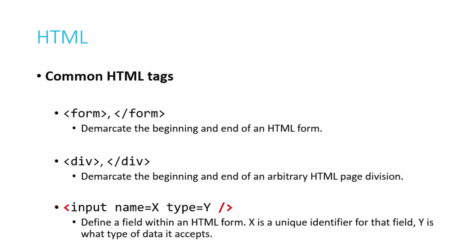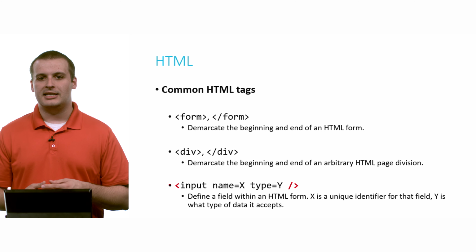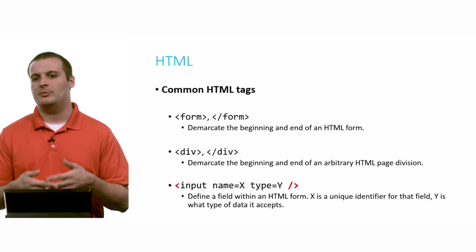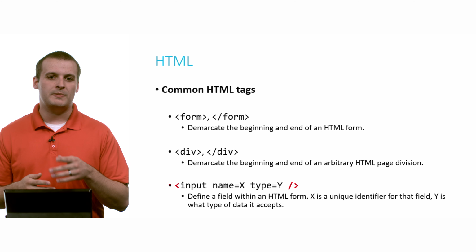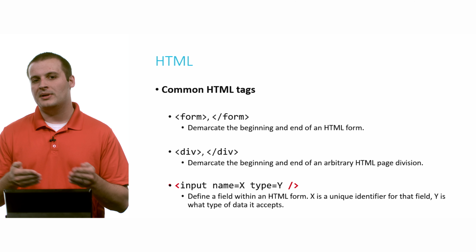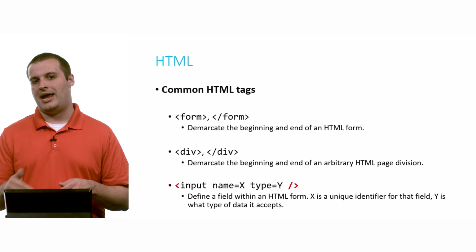Notice we have input name equals X, type equals Y. That's really all the information we need. This is called a self-closing tag. It doesn't require an opening and a close because all the information is contained inside of the tag and its attributes. So sometimes you'll see this too. So just be aware that if you have a tag that is entirely self-contained, it opens and closes itself with the open angle bracket on the left and the slash angle bracket on the right. We'll see another one of those right now with image tags as well.